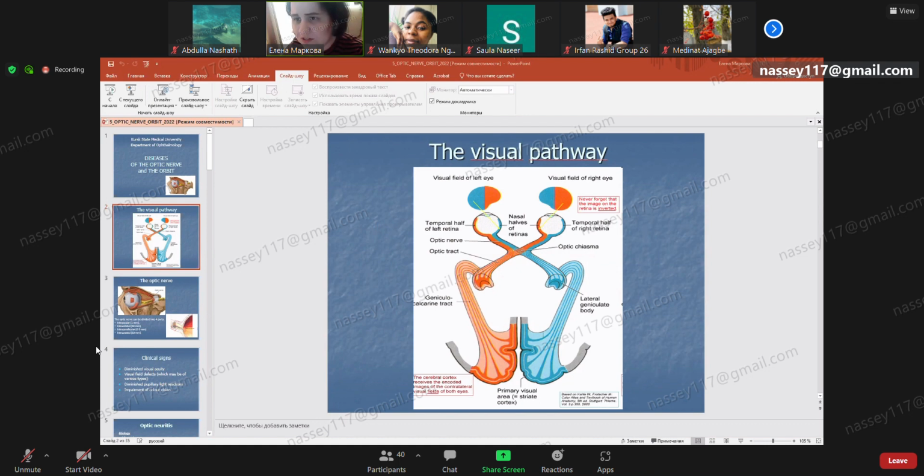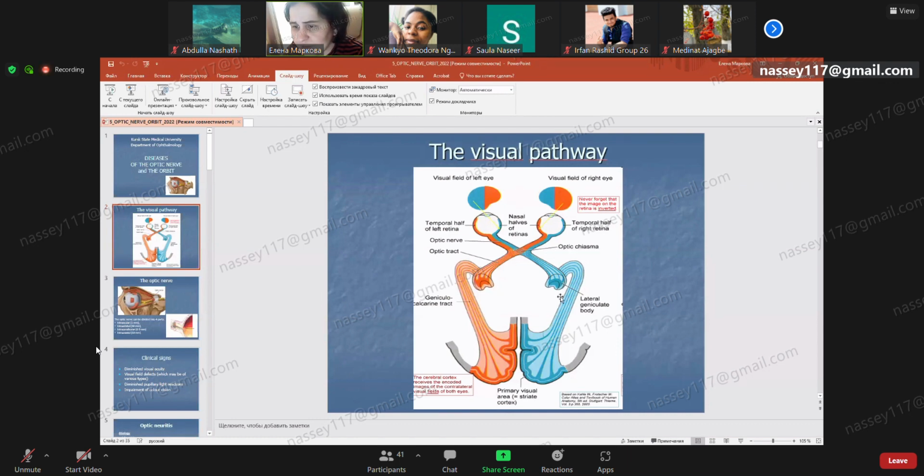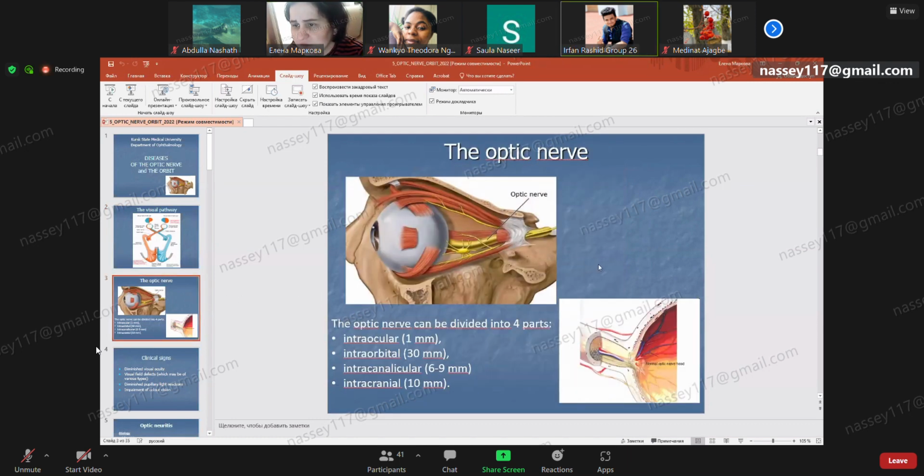So what do you see now? The visual pathway, second slide. Or the optic nerve, third slide. Okay, let's do this with you.